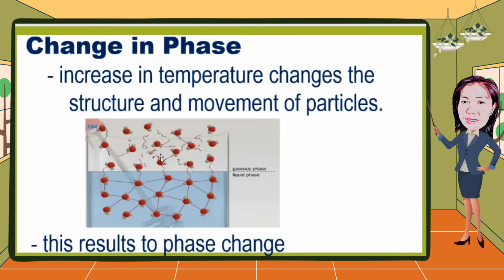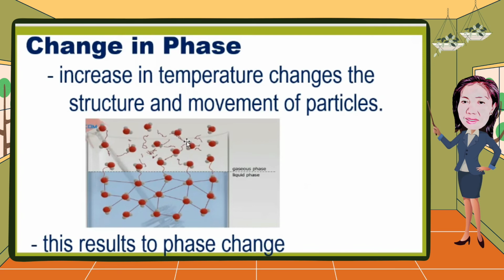So na-break na ang bond or forces, intermolecular forces between particles and particles. So pag ma-break na ang intermolecular forces between the particles and particles, what happened is these particles will now start to move apart. They will have to occupy a greater space or volume.